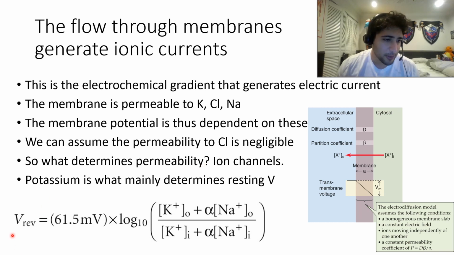I want you to pay attention to the potential and the terms inside it. You have a constant, a logarithm with base 10, and potassium and sodium. When we look at a logarithm with base 10, what that means is that log base 10 of 10 is equal to 1.